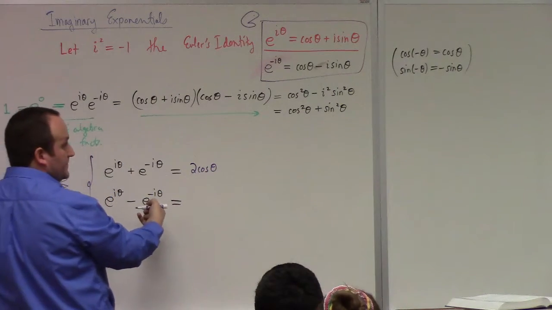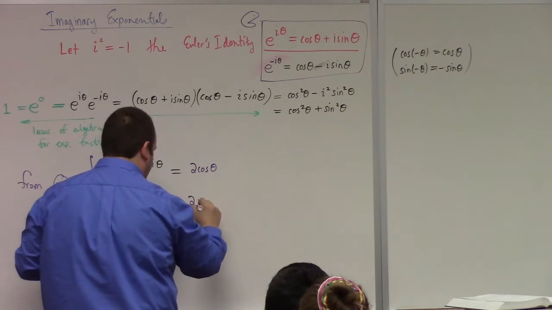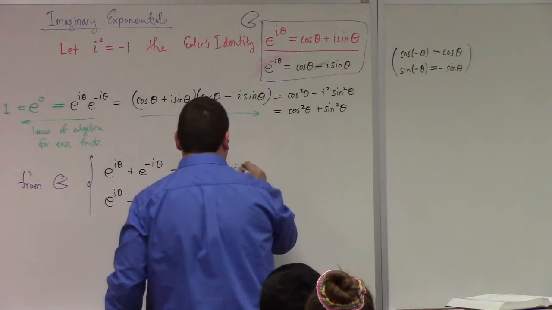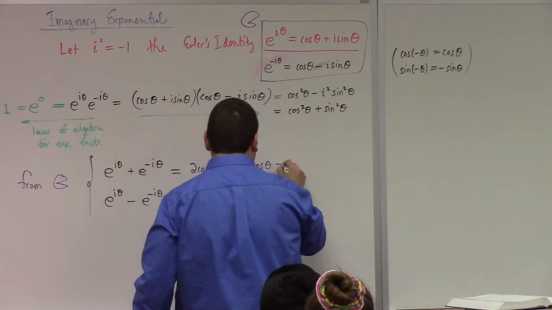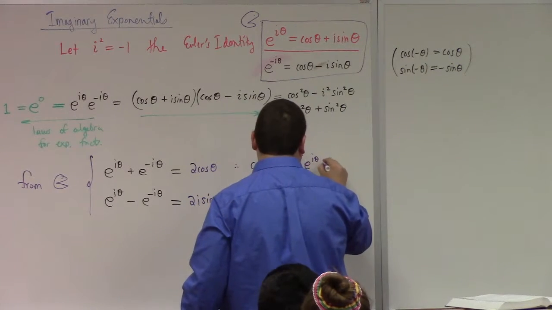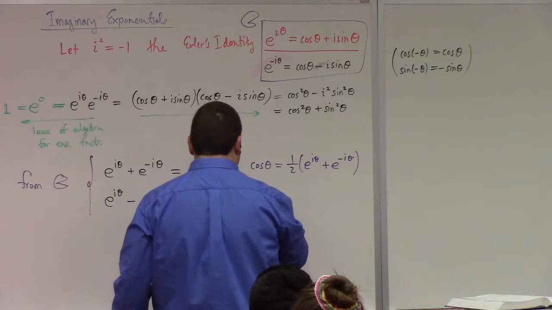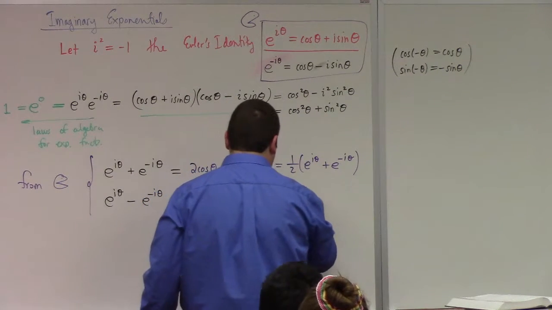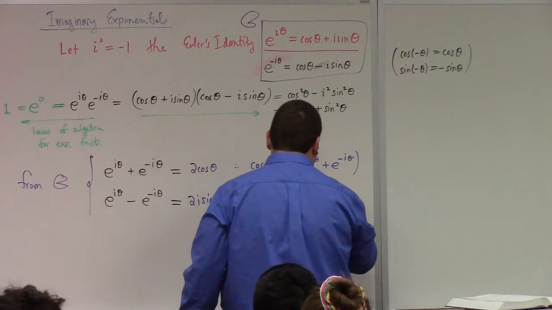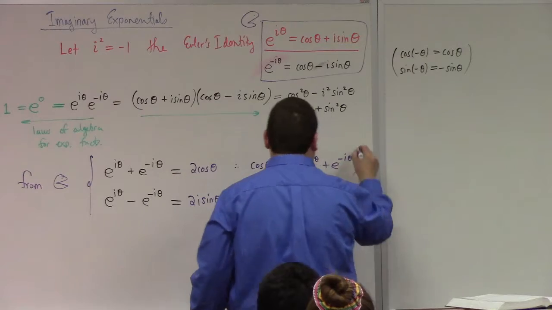What do we get here? The cosines cancel, right? Yeah, 2i sine theta. So that's amazing, because now we get formulas for the real functions, sine and cosine, in terms of these imaginary exponentials. So what this does is give me a way of calculating things about sine and cosine in terms of imaginary exponentials.